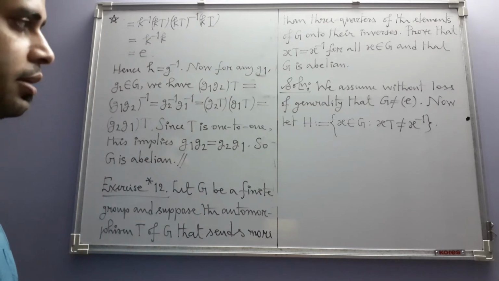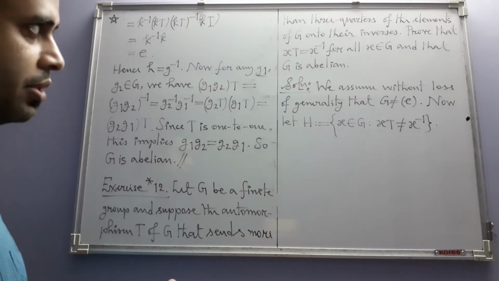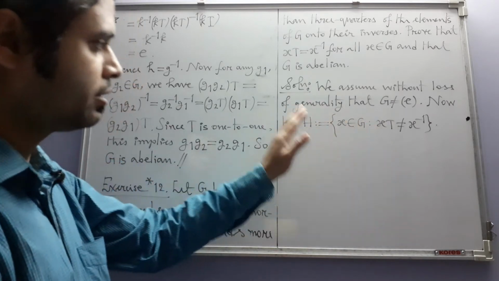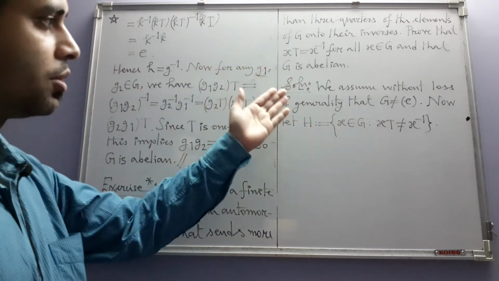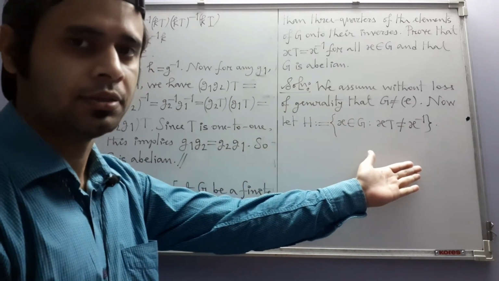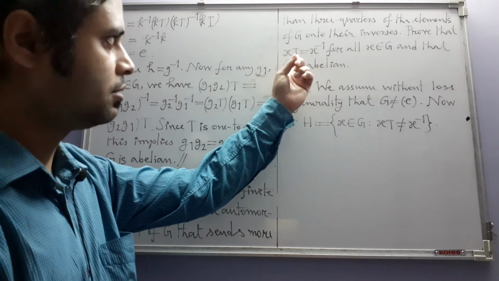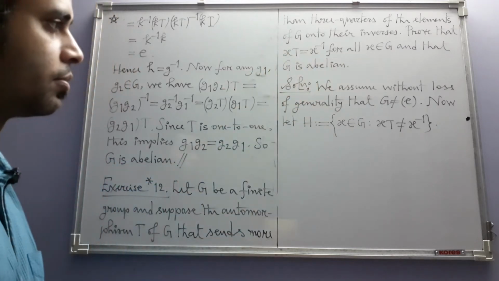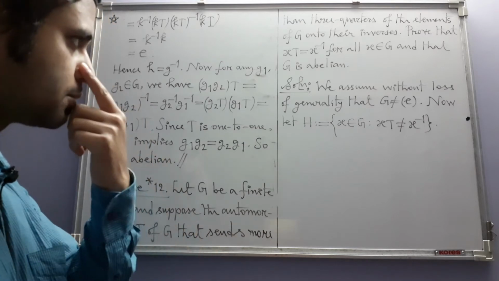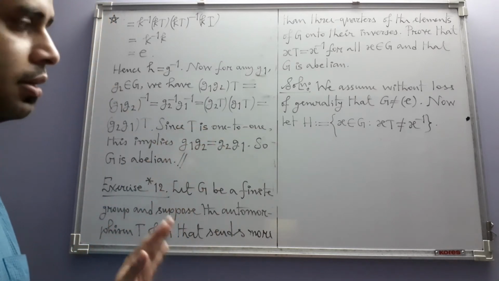We don't really know what this set is. This set may very well be empty. In fact, we ultimately have to show that this set is empty, because we want no element of G to behave like this. We want to show that for every element x in G, this is the case. But that's something we have to show. So before showing that, we don't really know. There may be some elements in H.